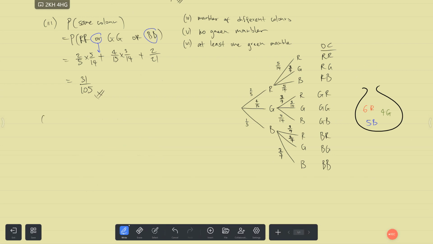Next one is marbles of different colors. If you want to find marbles of different colors, you need to understand that there are only two possible mutually exclusive outcomes. When you draw two marbles, they're either the same color or a different color. This is what I refer to as mutually exclusive outcomes, so there will be no overlap.